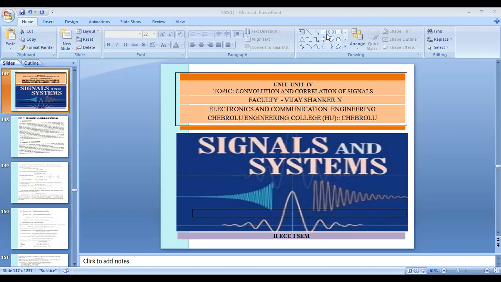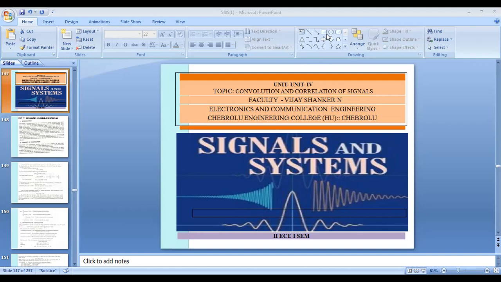For both the second year EC students and the third year EEE students, we completed the three units fully. Now we entered into the fourth unit, the second part of the fourth unit for the third year EEE students, and the first part of the fourth unit for second year EC students.